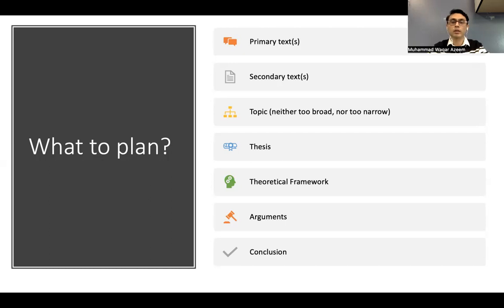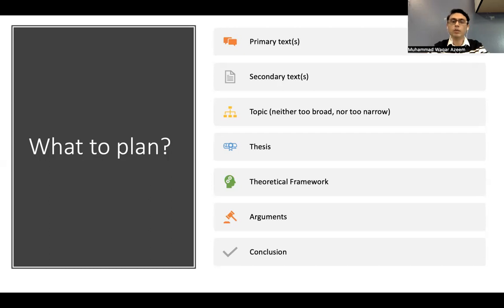So if we once again take the example that I just gave you about the linguistic marginalization of the African American community, you need to think about a theory which should inform your analysis of the primary text.